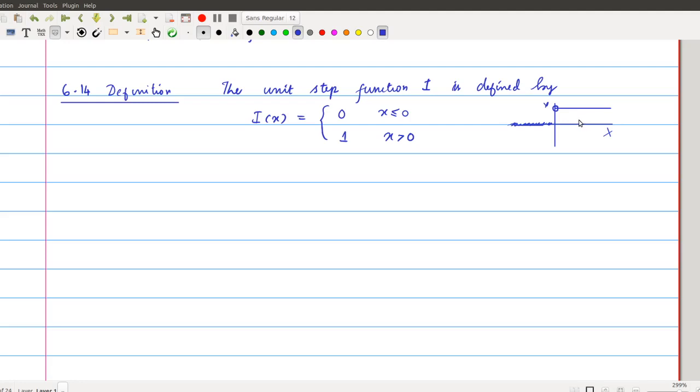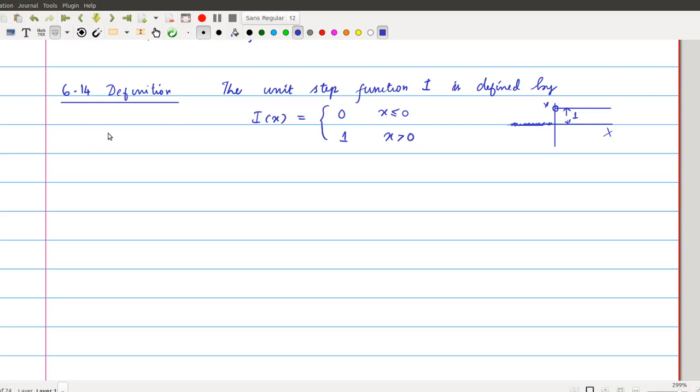So this is the step function. This can be considered as a step function. Since this length is 1, we call it a unit step function. So this is the definition of I of x.